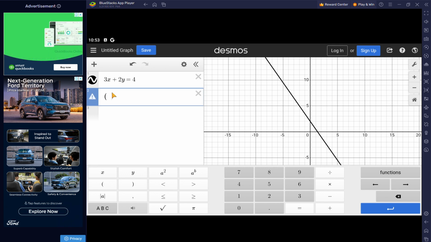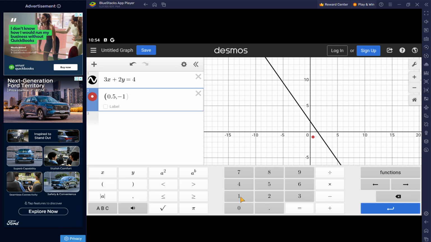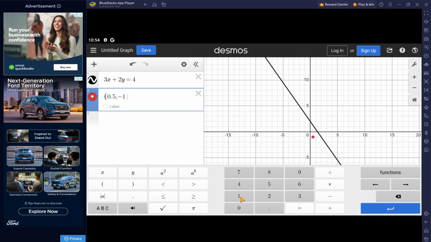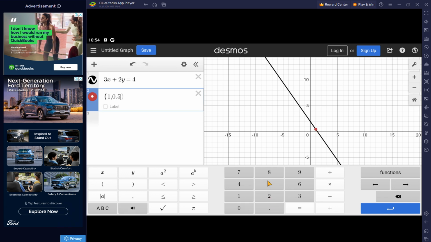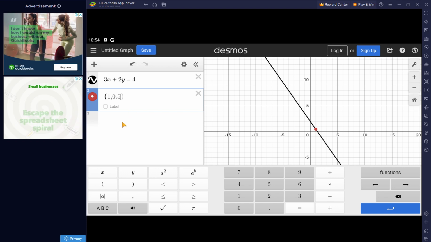We will have 0.5 and negative 1. Oh, sorry, I'm wrong. It's (1, 0.5). Okay, sorry class.